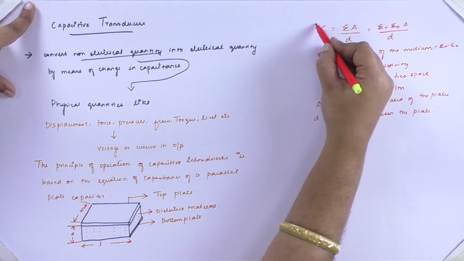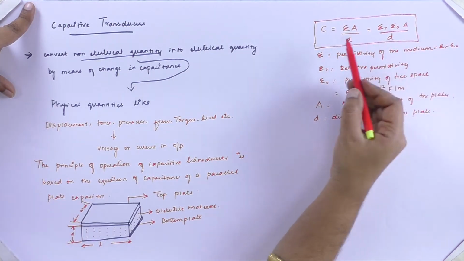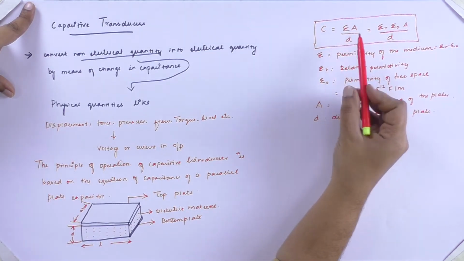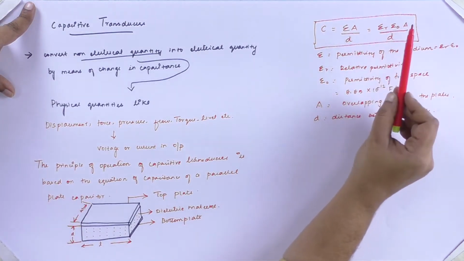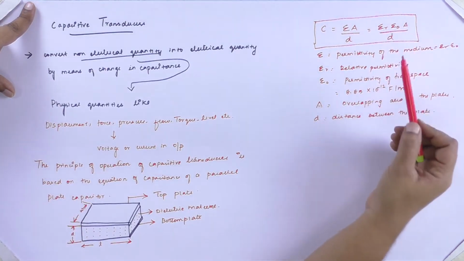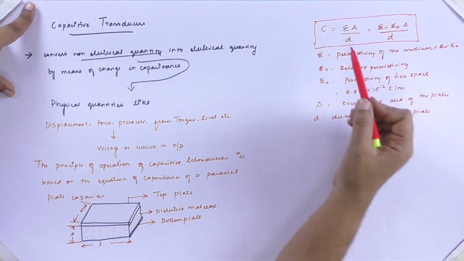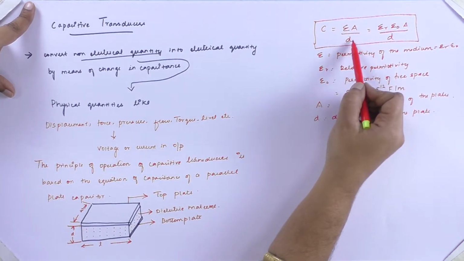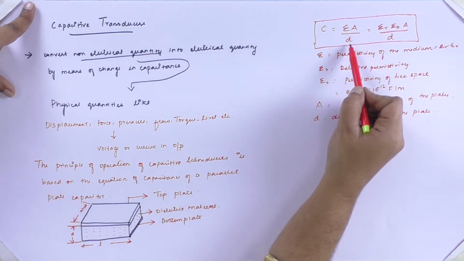So the equation for the capacitor is C is equal to epsilon A by d, where epsilon is the permittivity of the medium, epsilon r is the relative permittivity, epsilon naught is the permittivity of free space, A is the overlapping area of the plates and d is the distance between the plates. The capacitance of a parallel plate capacitor depends on these three factors: the permittivity, the overlapping area, and the distance between the plates.